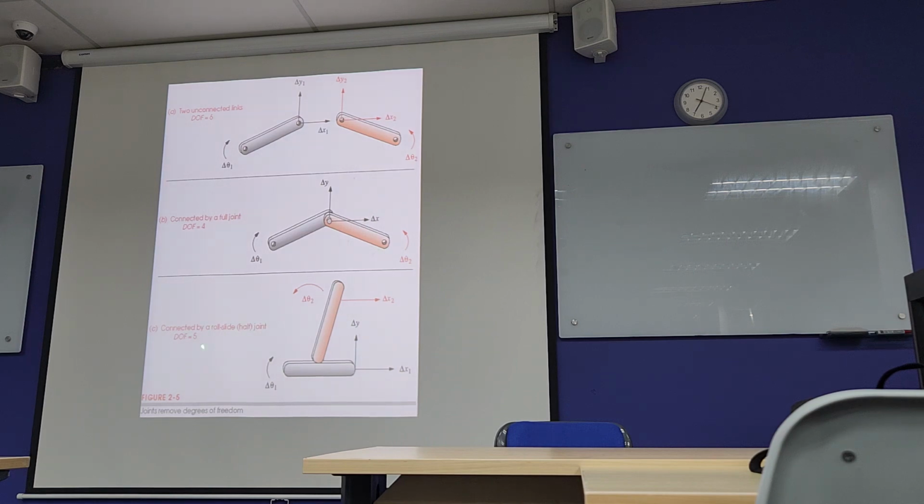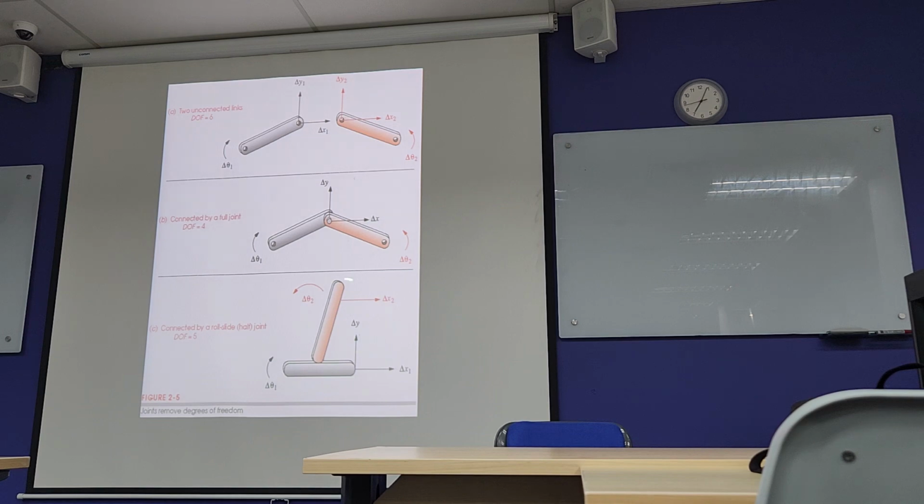Now when they are connected by a roller or half joint, here the slide joint, you can see the degrees of freedom are the displacement of link 1 along the x-axis, the displacement of link 2, then the position of the horizontal link along the y-axis, then the angular displacement of the 2 links.